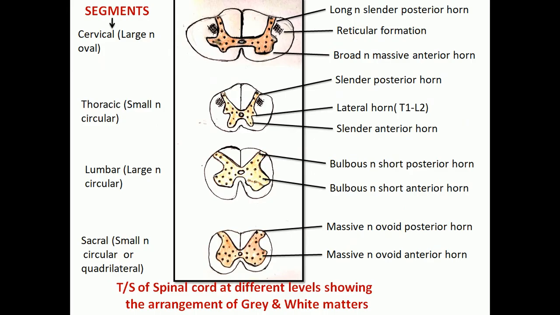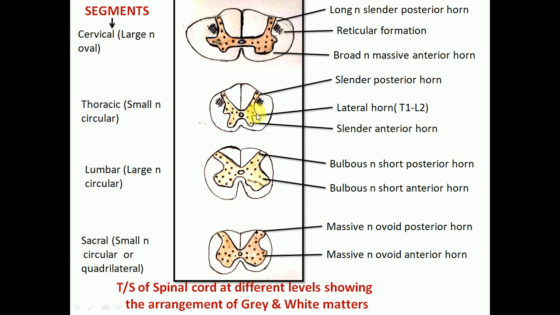Now there are changes that occur at the different segments of the spinal cord, due to the masses of the gray matter, white matter, and shape of the horns. First of all, when we take a section of the spinal cord at different levels, it looks like this. In the cervical region, the overall appearance of the segment is large and oval in shape.